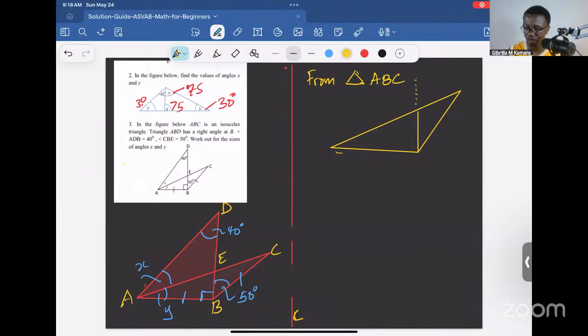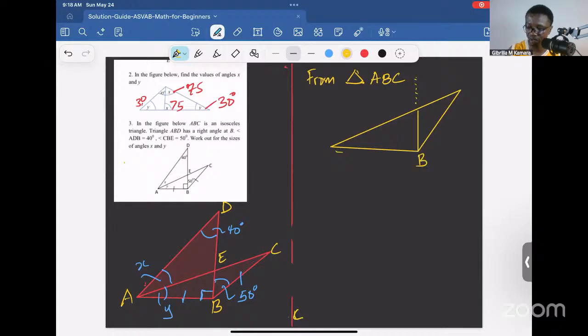This is your B, and this is E. This is C, and this is A. So when I say triangle, I mean ABC. But this one is given as 90. This is given as 50. Then this is given as Y. Even if we don't know this one, we are going to find this angle. Let's say this is T.